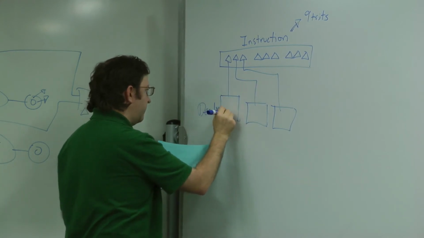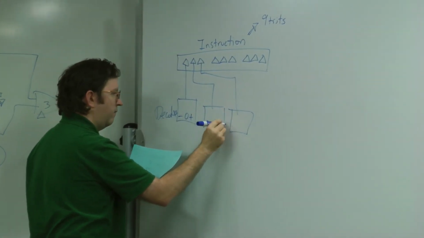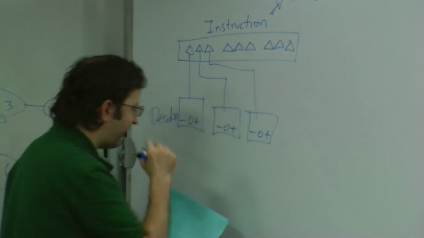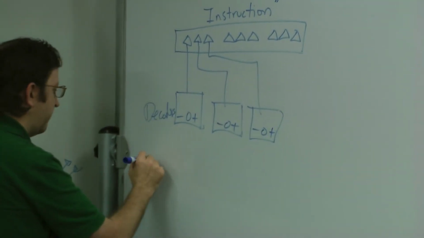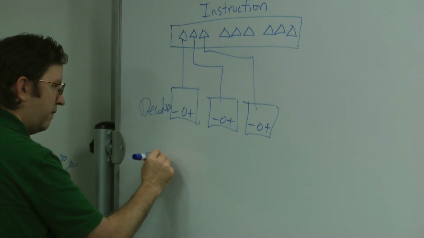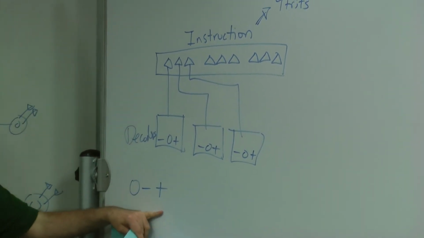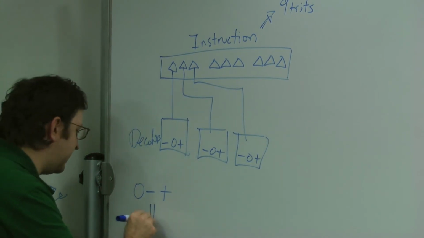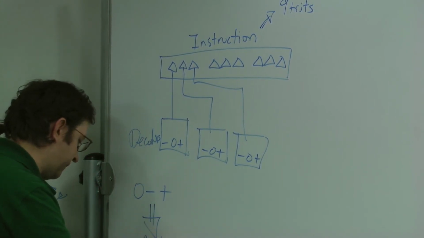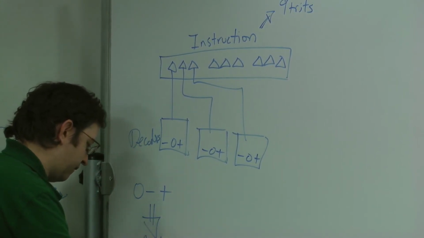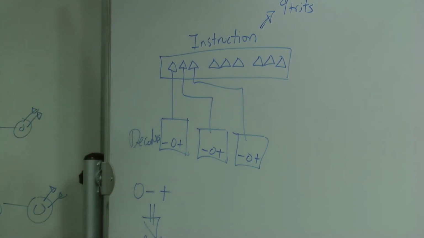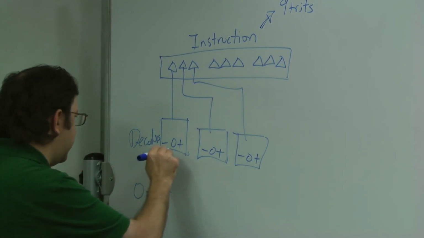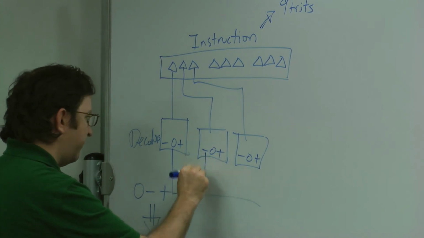And if I wanted to decode, say, 0, negative, and plus was my add. My add function, it would take the 0.